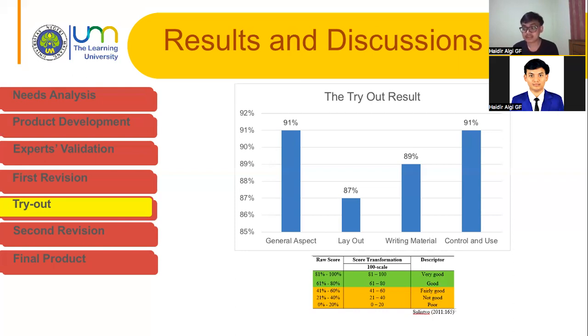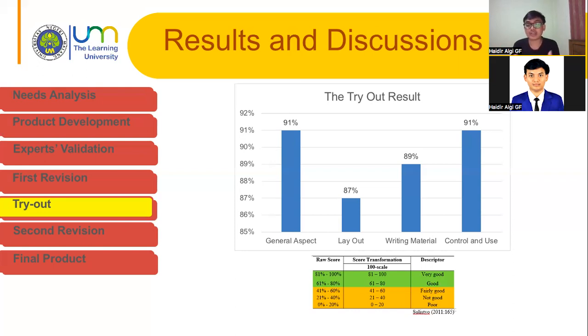And after that, regarding the product tryout, there are 20 students. It's also a random sampling technique from the 50 respondents in the first questionnaire. So 10 from ELE and 10 from ELL were randomly picked and consented to try out the product.